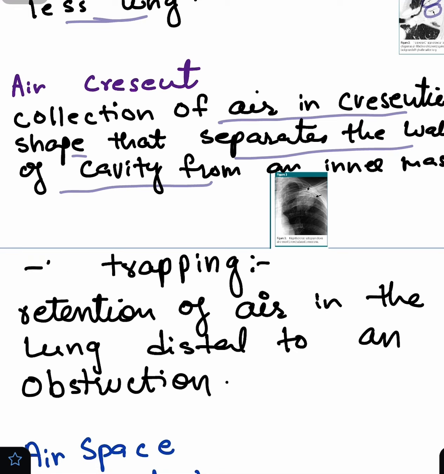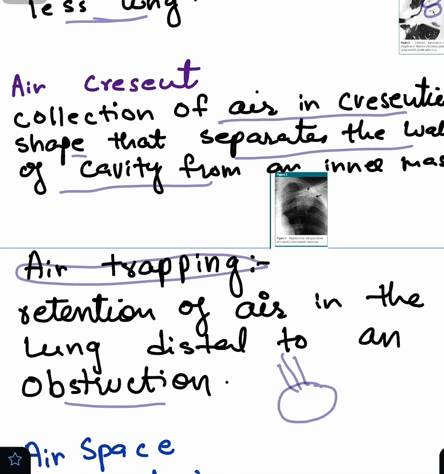Next terminology is air trapping. Air trapping is a retention of air in the lung distal to obstruction. Basically, air is coming down to this part of the lung but is obstructed.